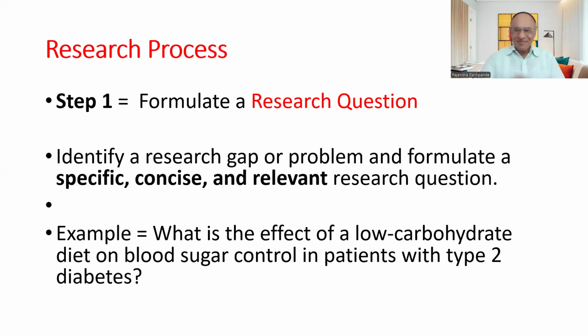Step number 1 in the research process. First, the researcher must formulate some research question. He can identify the research gap or the problem and formulate a very specific, concise, and relevant research question.